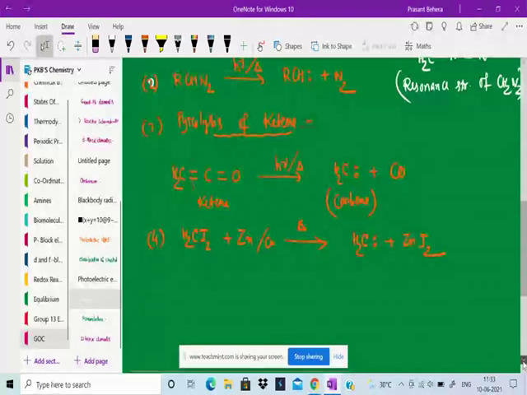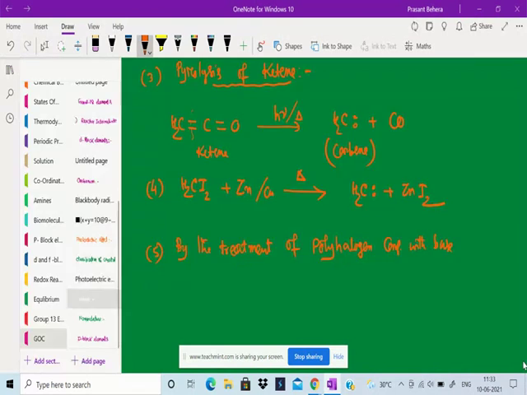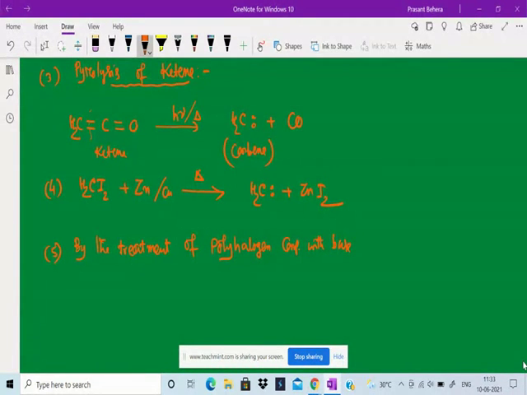Another method: treatment of a polyhalogen compound with a base. Suppose CHCl3, with Cl, Cl, Cl.